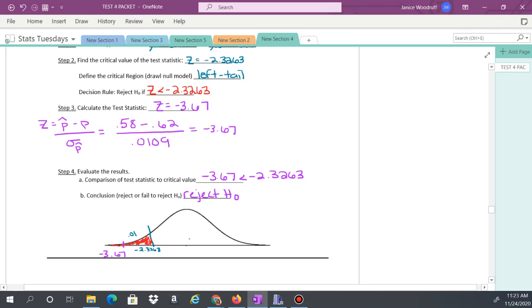So let's do the p-value approach real quick. We would need to find the area, or the probability, of negative 3.67. It's to the left, so your lower limit will be negative 99. So we'll do normal CDF, negative 99, negative 3.67.